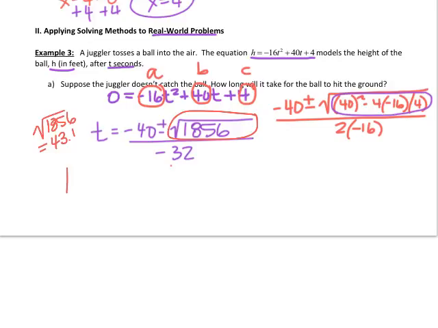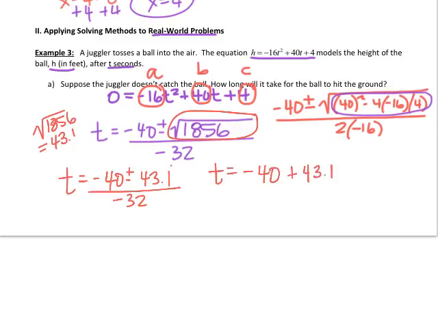Okay, so my two solutions are going to be t equals negative 40 plus or minus 43.1 over negative 32. Now, on the top, remember that's going to come out to two different results. So t is going to be equal to negative 40 plus 43.1 over negative 32, and t is going to be equal to negative 40 minus 43.1, and that's going to be over negative 32 as well.